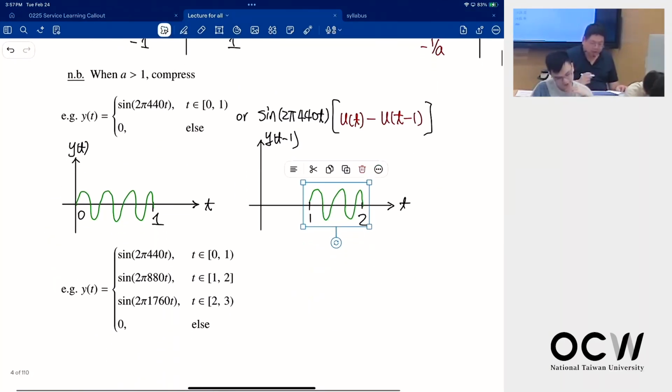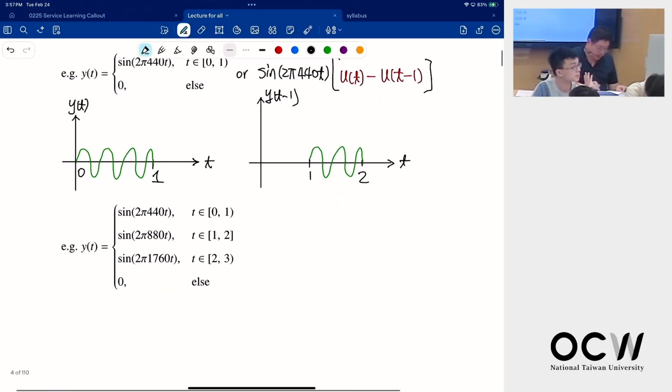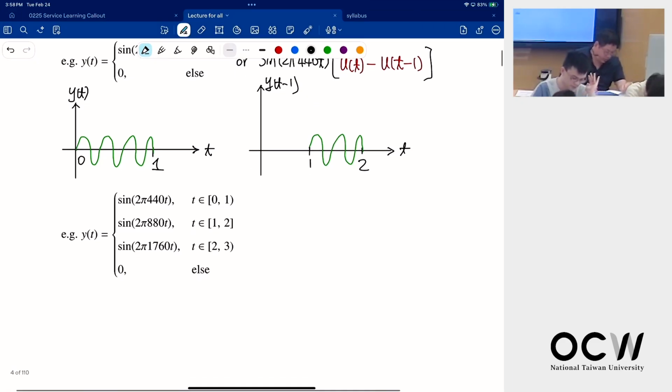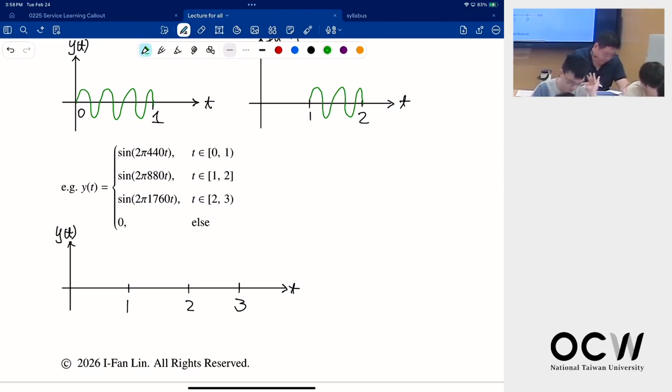Another example, if I have a signal with different frequency, 440, 880, and 1760. This signal looks like, first is 440. Well, suppose here.